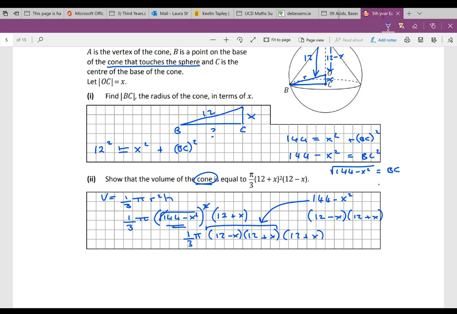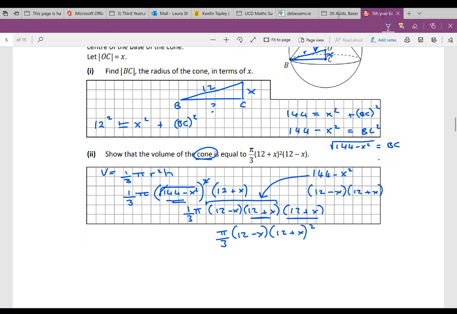And you've got two 12 plus x's, so a third times pi can be written as pi over 3, top by top, bottom by bottom, 12 minus x and 12 plus x squared. I know my order is slightly different there, but as long as the squared is on the 12 plus x, that is exactly the same as writing 12 plus x squared, 12 minus x. And remember when it says show that, you do really need to show this here.